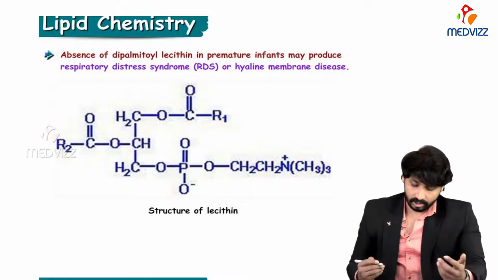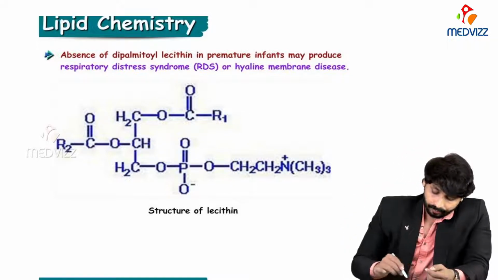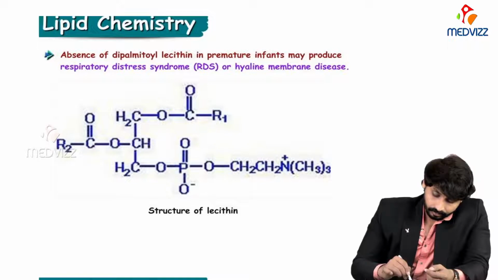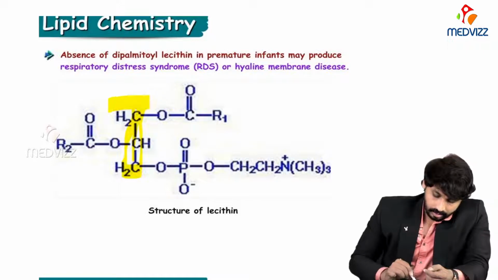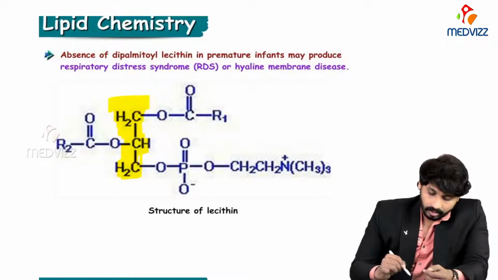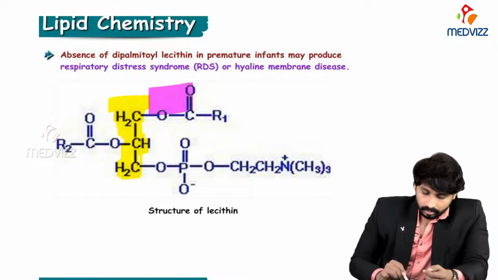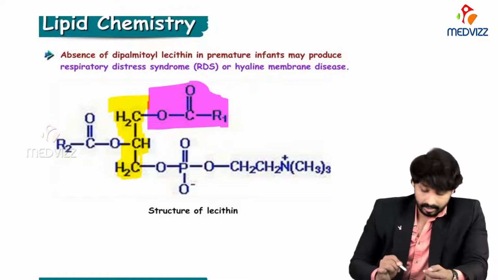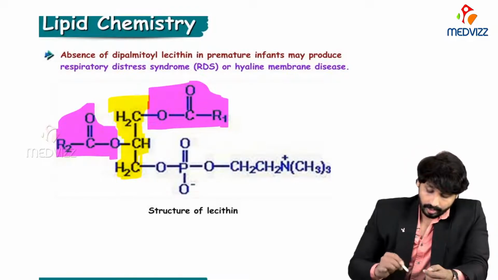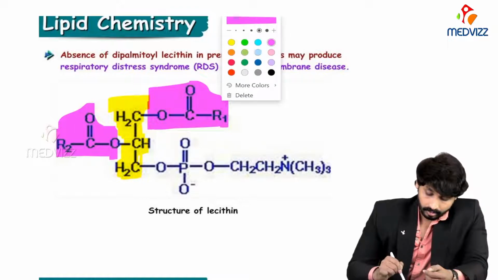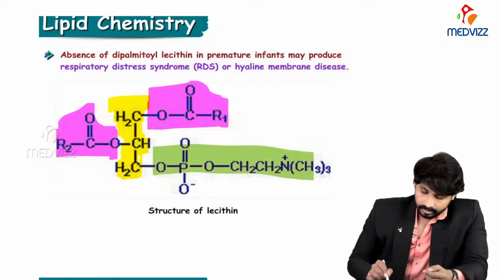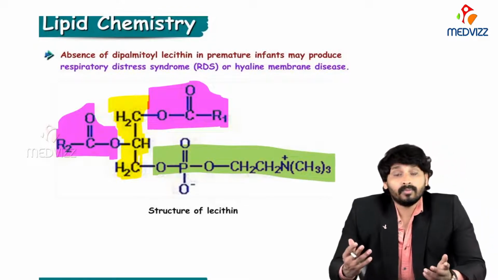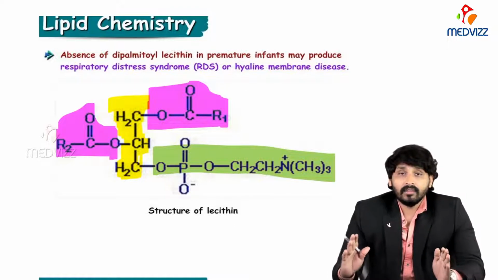You see here the structure of lecithin. I will highlight it. This part is glycerol, yellow, and R1, this part is fatty acid, and this part is the phosphate group with the nitrogen base, that is choline.